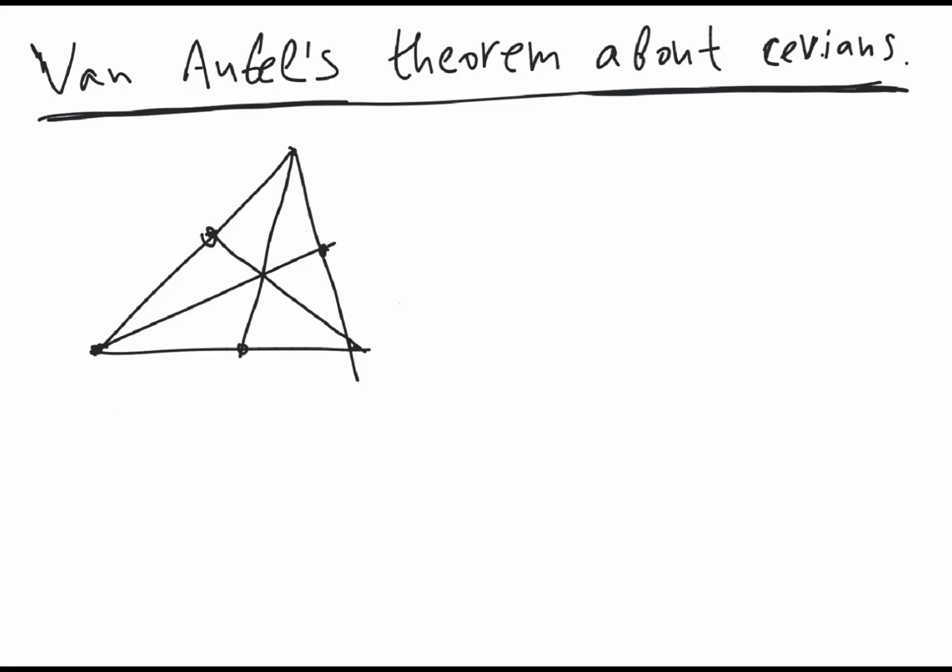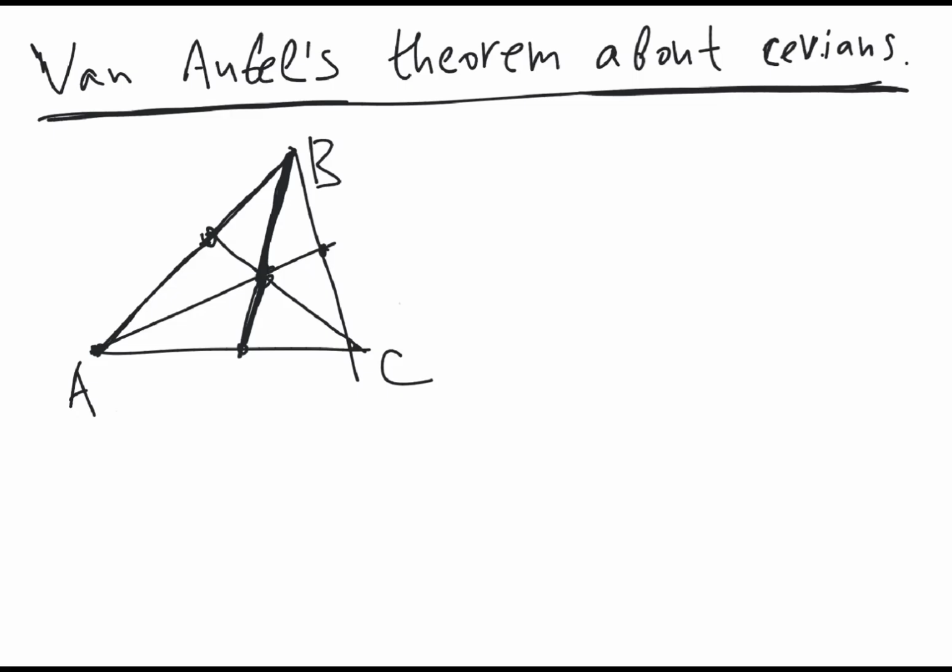And the theorem states how to express the ratio between this point where they will intersect and how it divides one of the cevians, to express it in terms of the ratio of the sides.